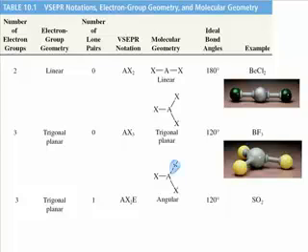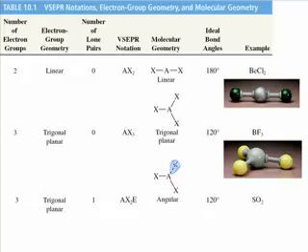All right, this is an example of a VSEPR table. I have a link posted to one on the website, and you will be able to use that in the future and on the test. So basically what I want you to do is learn how to use this table.